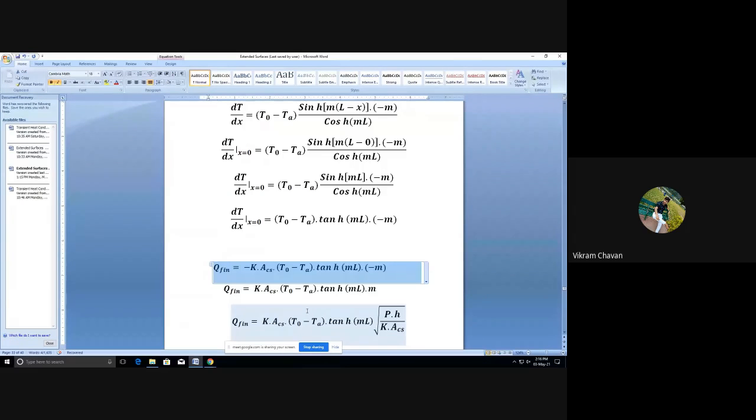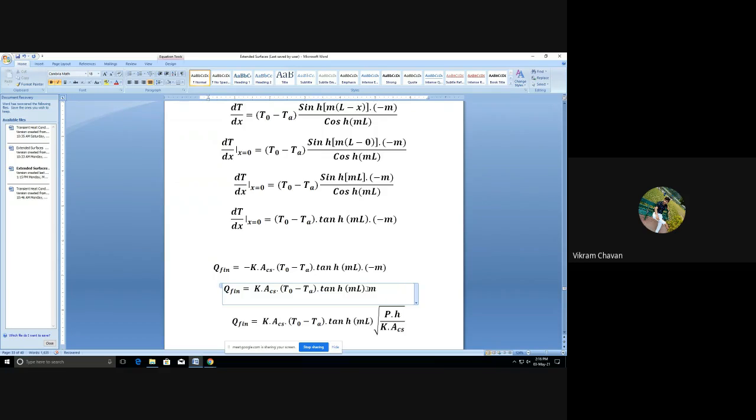Okay, we'll get this equation. Now this minus sign and this minus sign will be converted into a plus. So we'll get the equation as k multiplied by A_cs, that is nothing but the cross section area, multiplied by (T0 minus Ta) multiplied by tanh of mL multiplied by m.